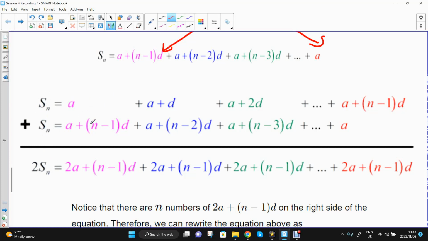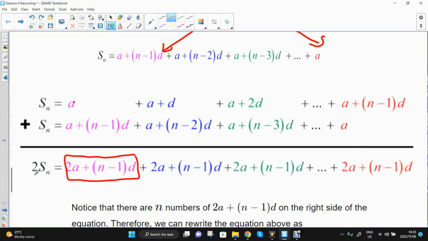Then if I'm adding these two first terms together, a plus a is 2a, and you just bring that down. So this is going to be my first term, and that will go on forever. You can see that formula is repeated everywhere. We just don't know how many times. That's why we are calling it n. It's going on forever and ever.